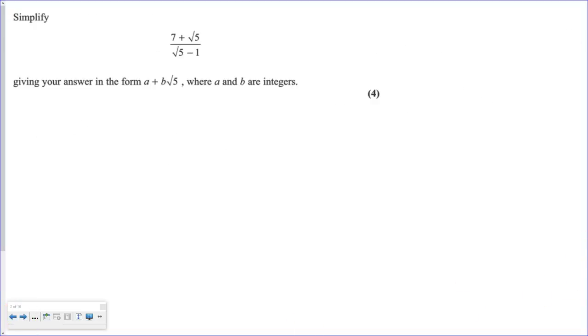So on to surds now, and this is a rationalise the denominator question. A lot of people try to times both top and bottom by root 5 minus 1 over root 5 minus 1. What we actually need to do is make sure we times by root 5 plus 1, and whatever I do to the denominator I've got to do to the numerator as well.